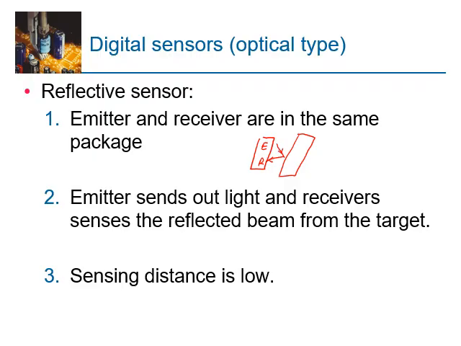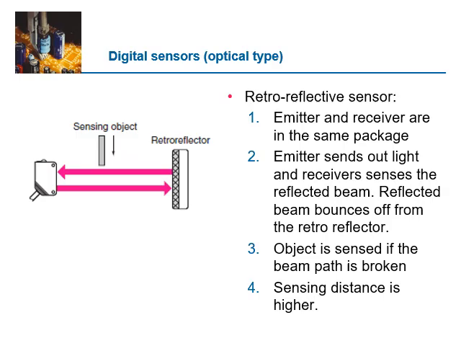The emitter sends out the light and the receiver senses the reflected beam from the target, and usually the sensing distance is within 1 millimeter, very low. You cannot sense the object at a long distance.